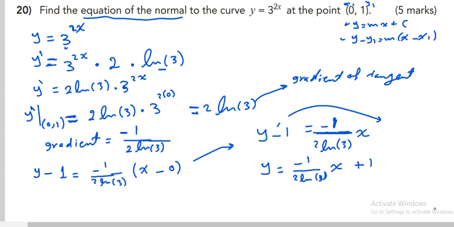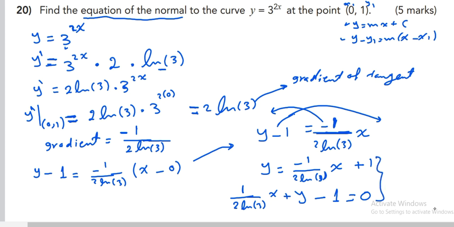Or you can collect them on one side and make the other side equal 0. So it will be 1 over 2 ln 3 x plus y minus 1 equal 0. Here we move this part to the other side and write in order: the part of x, then the part of y, then the absolute term.